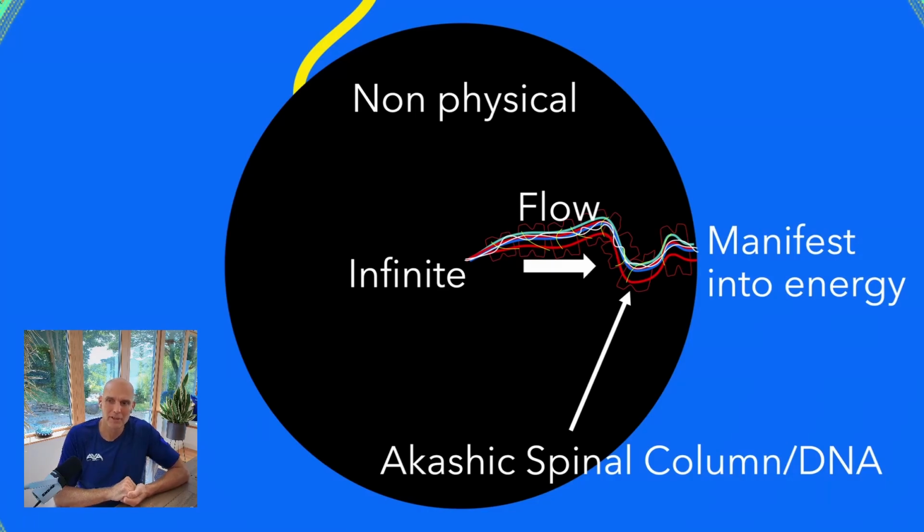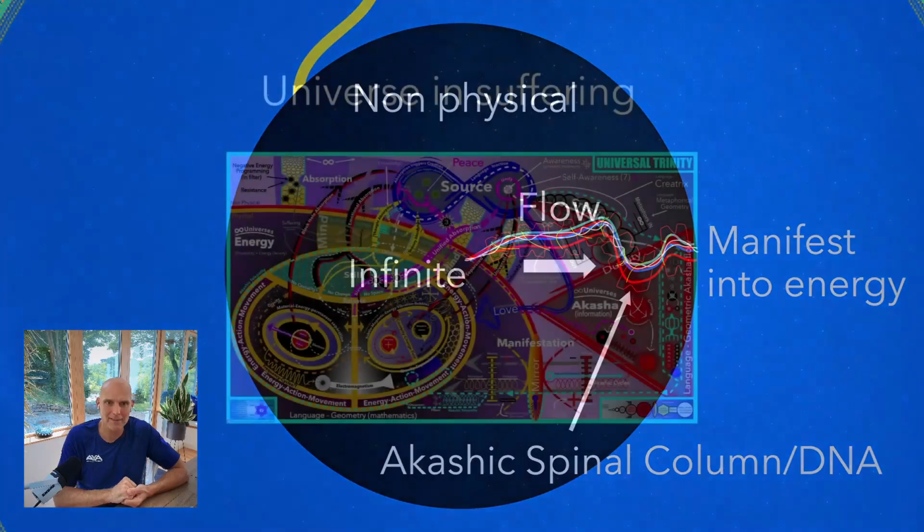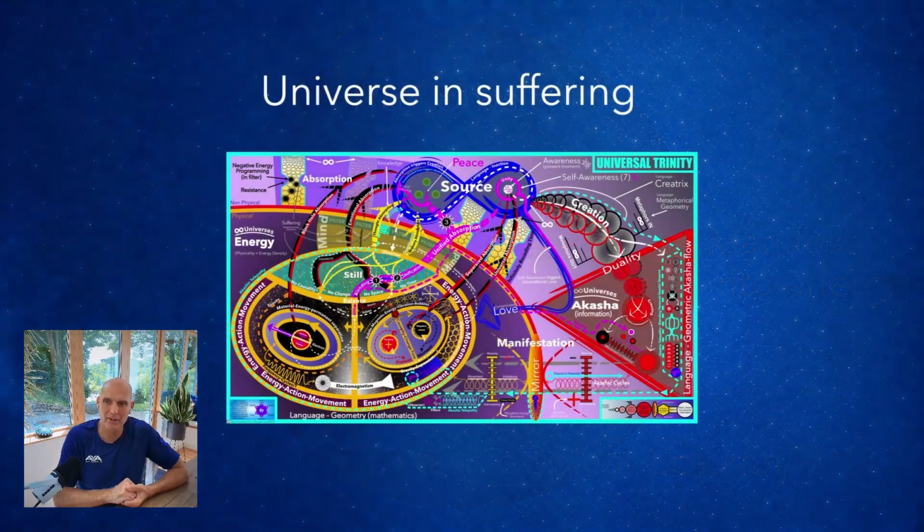Now, when you're going through the negative cycle of the process, I'll talk about that in a second, you could say that the language of that Akasha is this universal Trinity diagram. I think we've talked about this before in the Universal Trinity lesson. We talked about how there are two diagrams, actually.